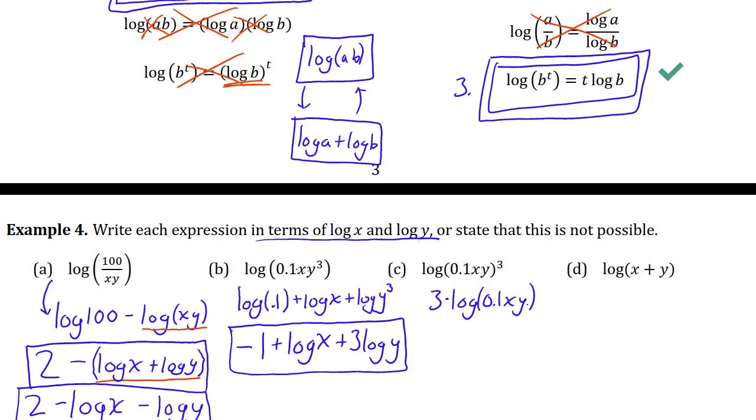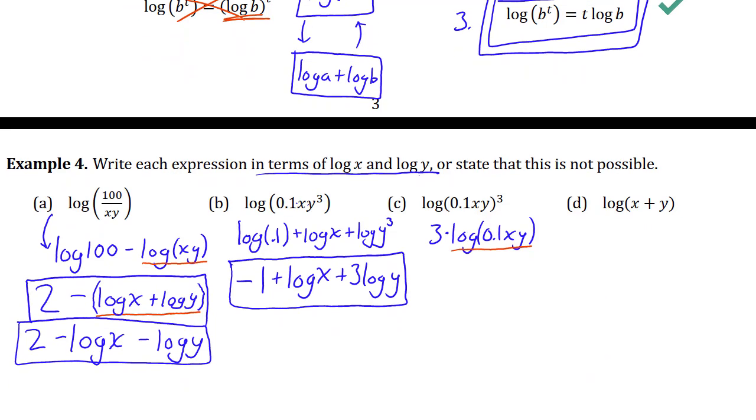And then that logarithm you can now use log law 1 with. So that's going to turn into, I'm running out of room here, 3 times this whole thing, I'm going to need parentheses around it, log of 0.1 plus log of x plus log of y.